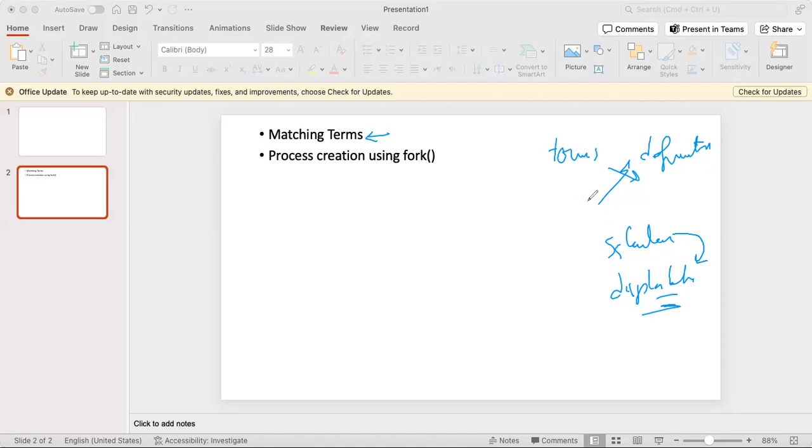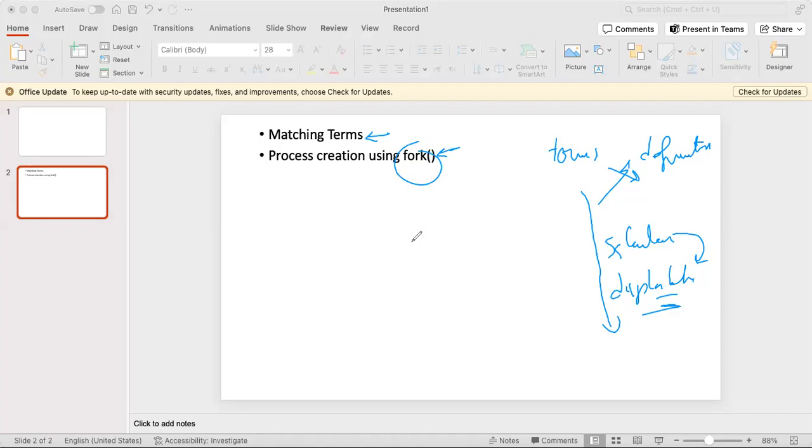So try to review the lectures and understand all the key terms that have been introduced so far in the class. And then the next exercise in the exam will be about the different process operations that we've discussed, mainly about process creation using the fork system call.